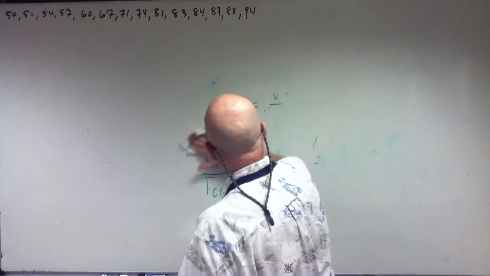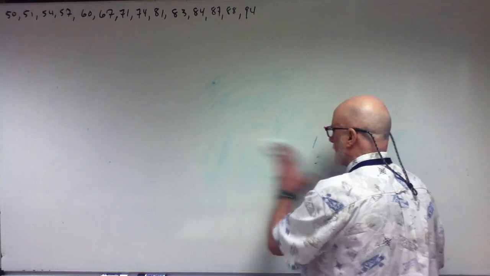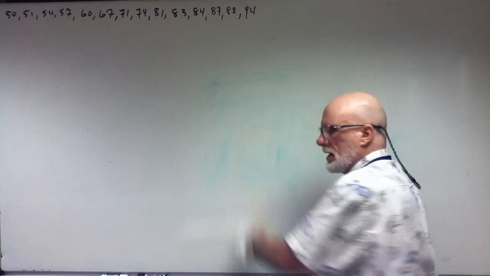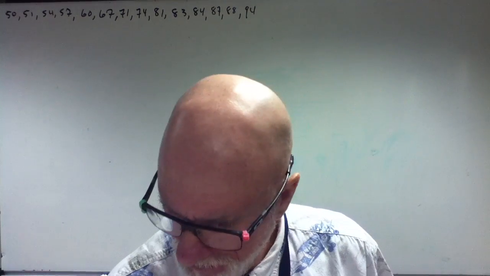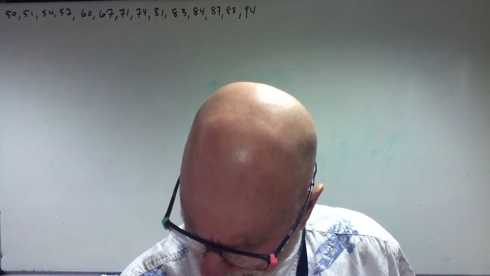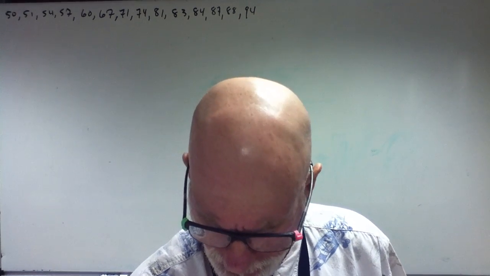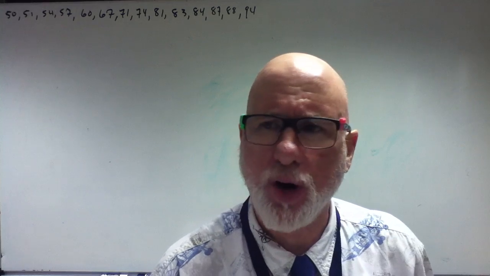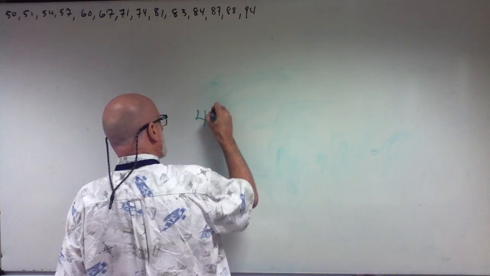Let's skip that one and let's go to a difficult one, because I want to give you time to work on your stuff yourself. All right, so let's do number 94. And then we'll be done.